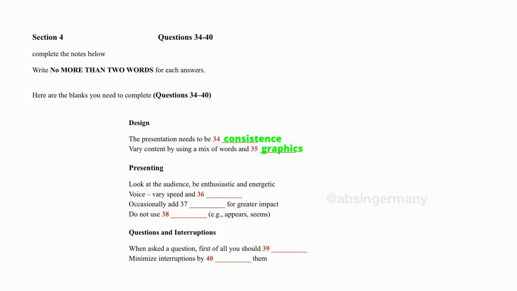And so let's move on now to presenting. You have your presentation prepared, and you're ready to start. Well, it's important to give a good impression from the start. So take 3 deep breaths, look at the audience, no matter how frightening they may be, and be enthusiastic and energetic.